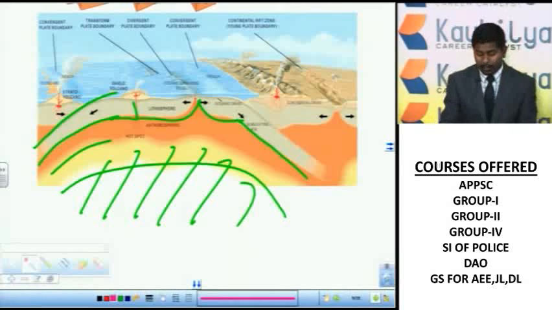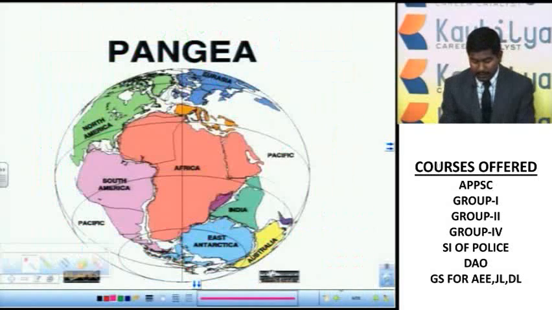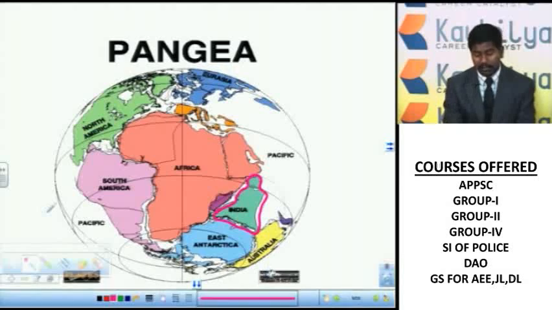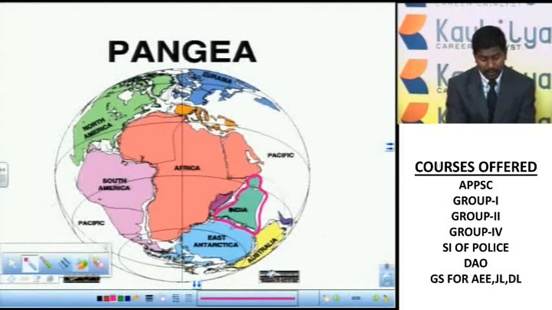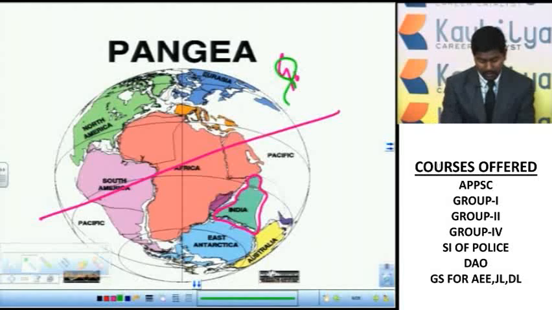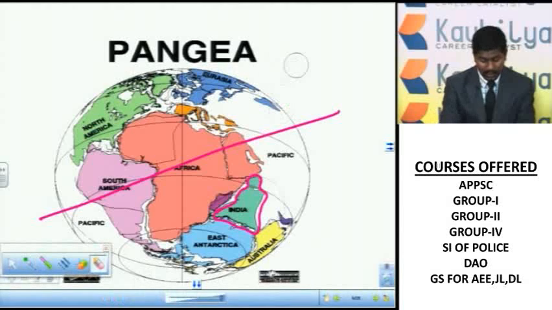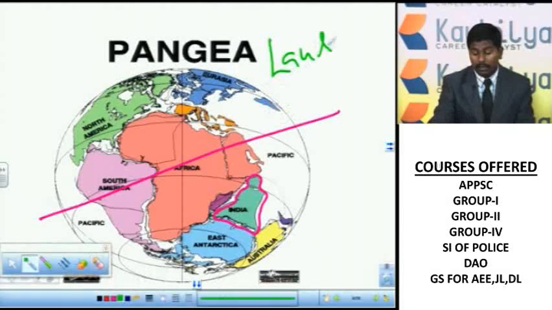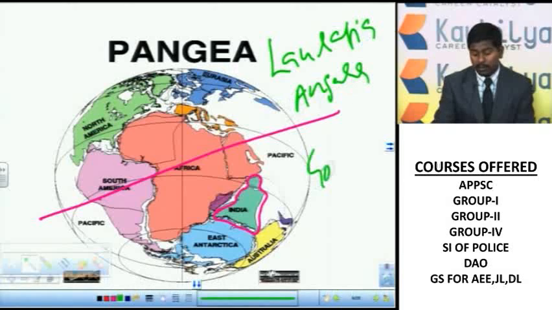The present Indian landmass was earlier part of the Gondwana landmass, because when Pangaea broke into two parts, the northern part was Laurasia, or Angara land, and the southern part is called Gondwana land.